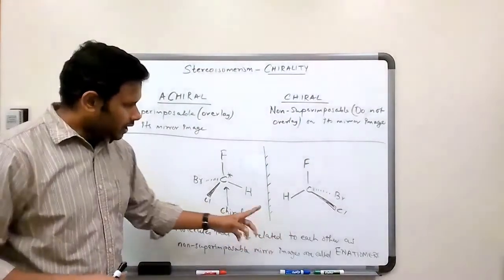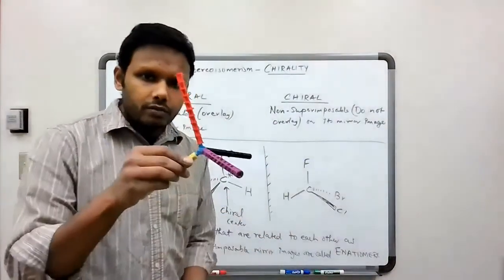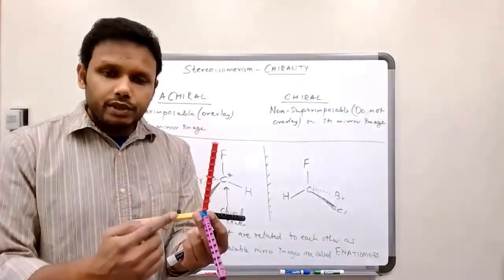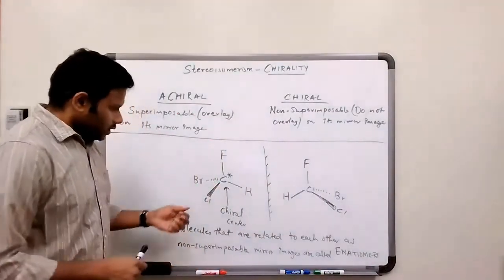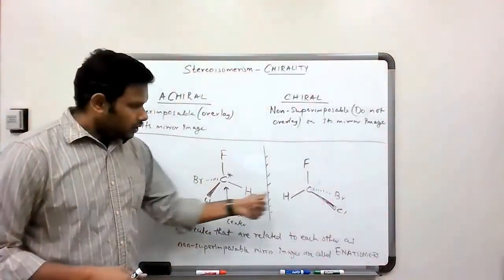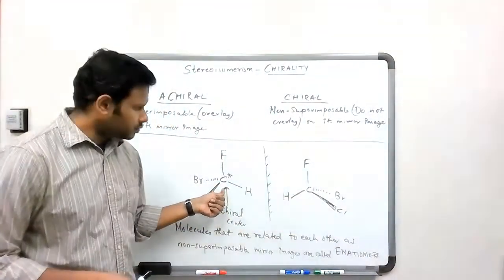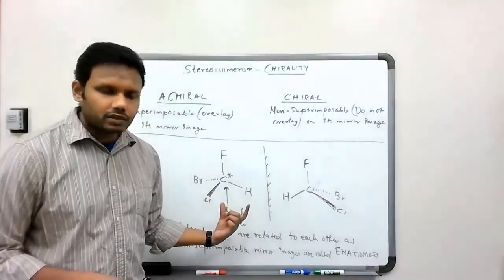These are enantiomers because what we've seen before is that when a carbon has 4 different groups connected to it, then it will be non-superimposable on its mirror image. So this is a molecule, and that's its mirror image. Because there is a chiral center in this molecule, these must be non-superimposable on each other.